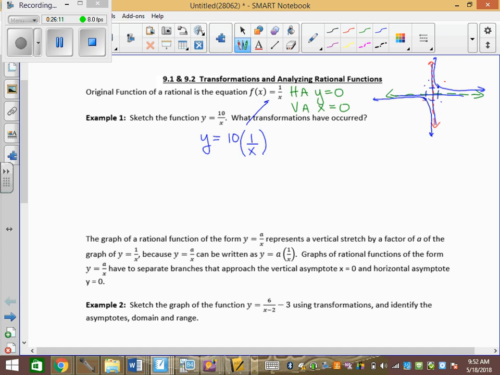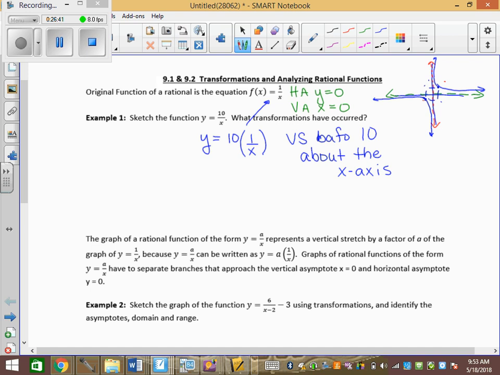Now I'm actually comparing them, am I not? What I did to the 1 over x graph, I multiplied it by 10. So now I have a 10 in front. So what is that? A vertical stretch by a factor of 10 about the x-axis. Vertical is always about the x. Does that make sense?